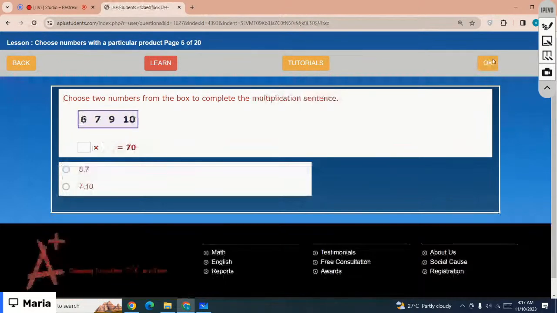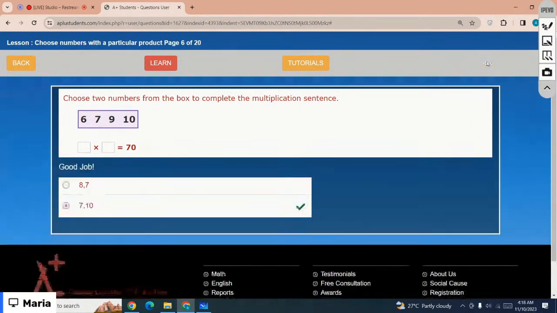Which two numbers from the box complete the multiplication sentence? Dash and dash equals 70. Which two numbers have the product 70? The correct option is, yes, 10 times 7 equals 70.